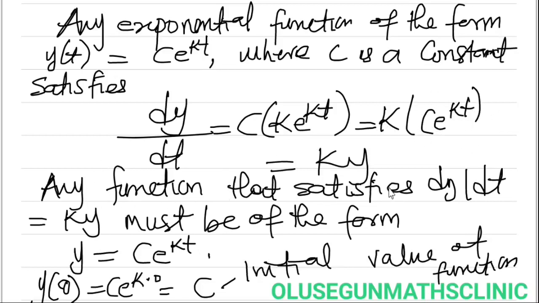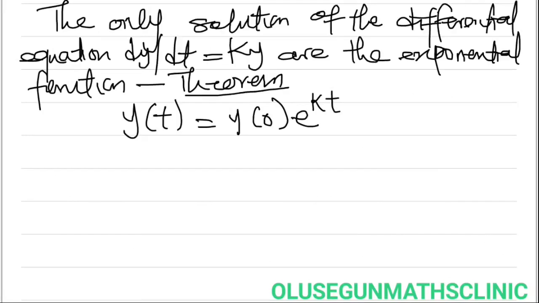Any function that satisfies dy/dt equals ky must be of the form y equals c e to the kt. For example, y of 0 is equal to c, meaning the initial value of the function. Every function given to you must have an initial value, which is at t equals 0. So the only solutions of the differential equation dy/dt equals ky are exponential functions.